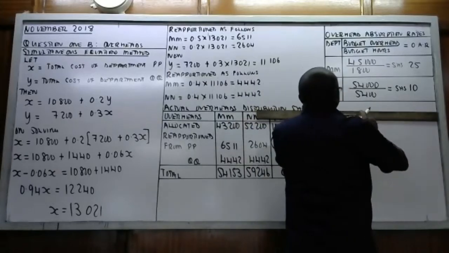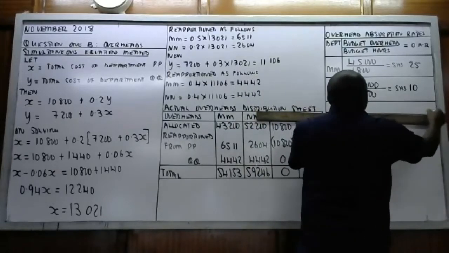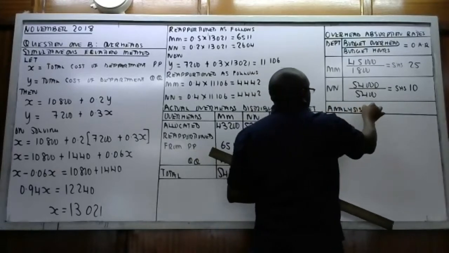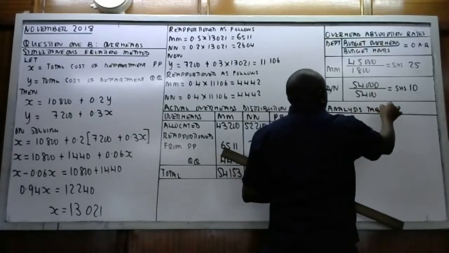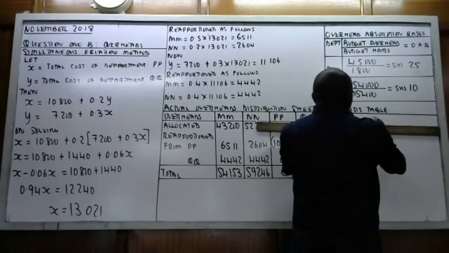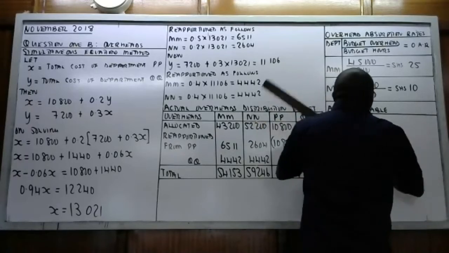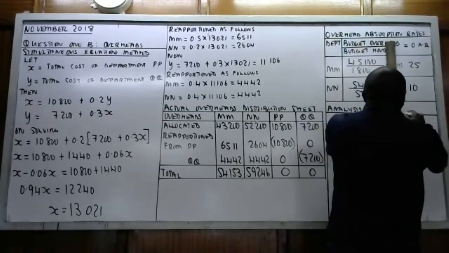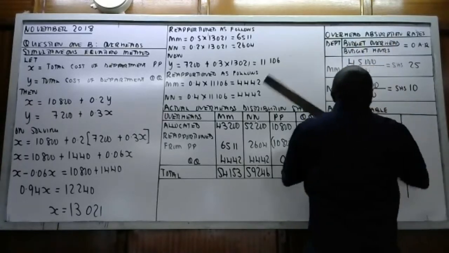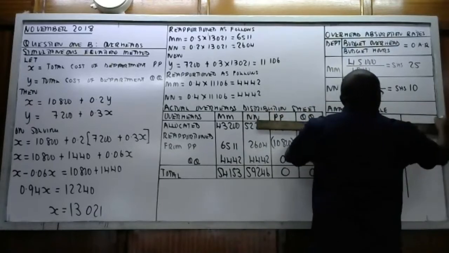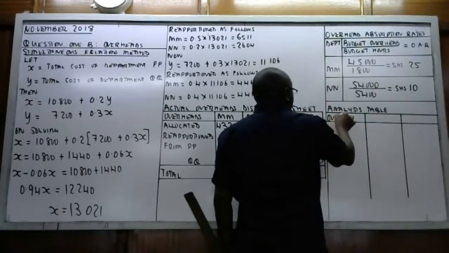Then we have another table that I want to call analysis table. In this analysis table, I will have the overhead here.